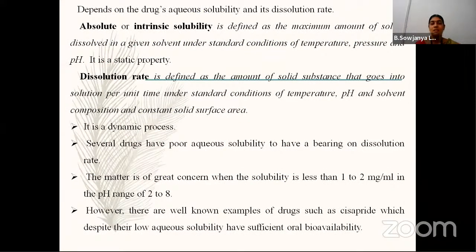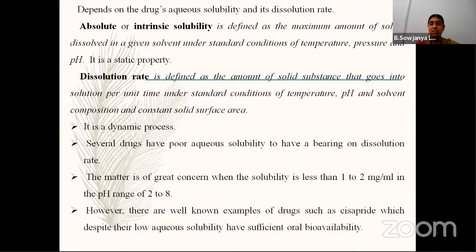Apart from that, drug dissolution depends upon the drug's aqueous solubility and its dissolution rate. The drug's aqueous solubility, or absolute or intrinsic solubility, is the maximum amount of solute that is dissolved in a given solvent under specific conditions like temperature, pressure, and pH. It is completely a static property.